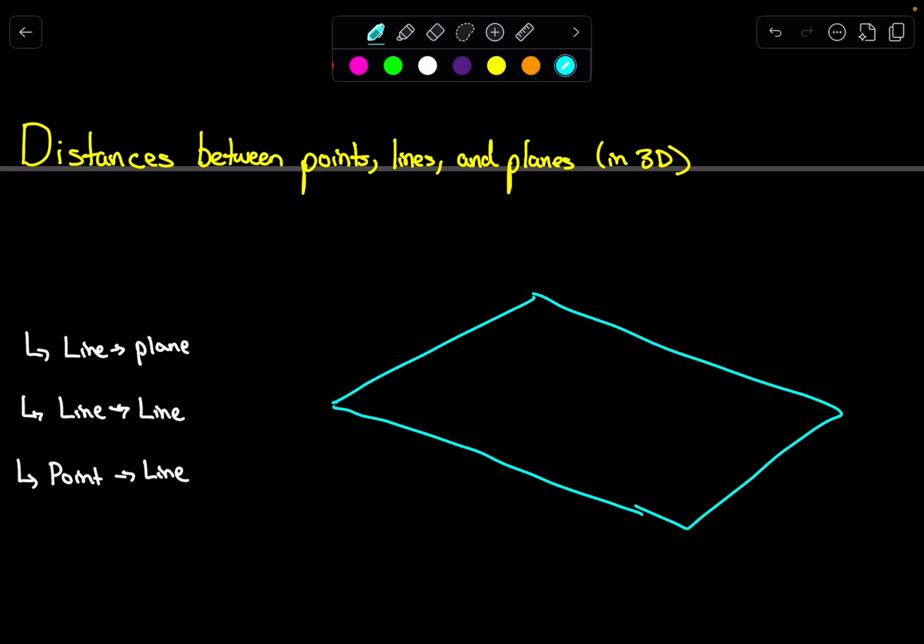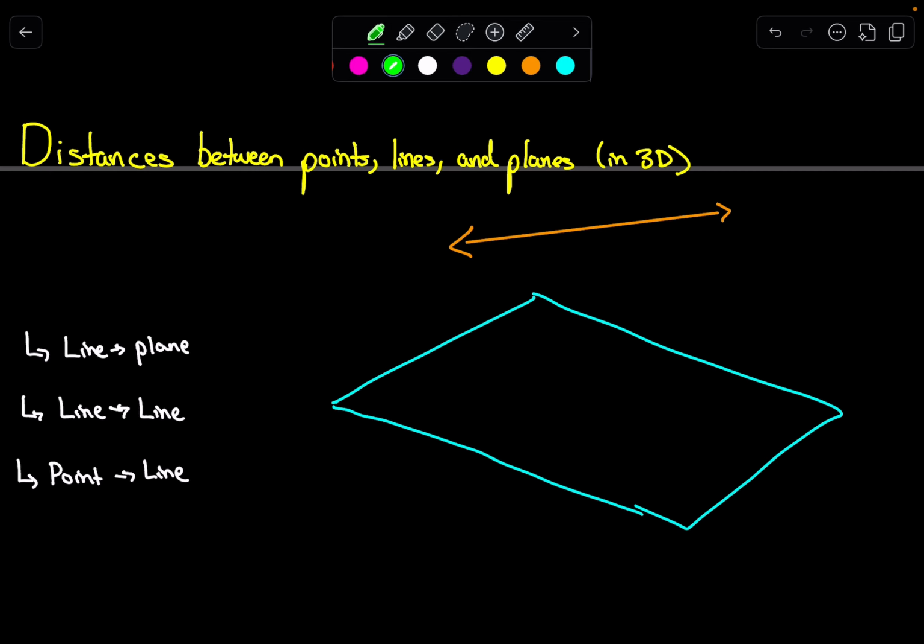Now another reminder, right? This line has to be kind of parallel to this plane. Otherwise, the line's going to be doing this at some point, and the distance between the line and the plane is going to be 0. So our line, whatever it is, has to exist up above this plane, kind of floating around in space like this.